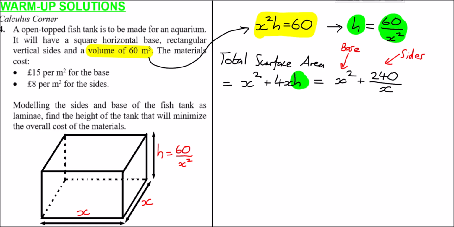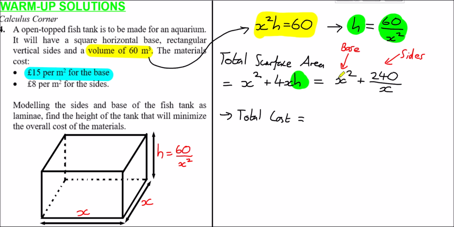But each surface area, base and sides, has its own cost associated with it. So the total cost, well, we're told what the cost is for the base. It's 15 quid per square metre for the base.